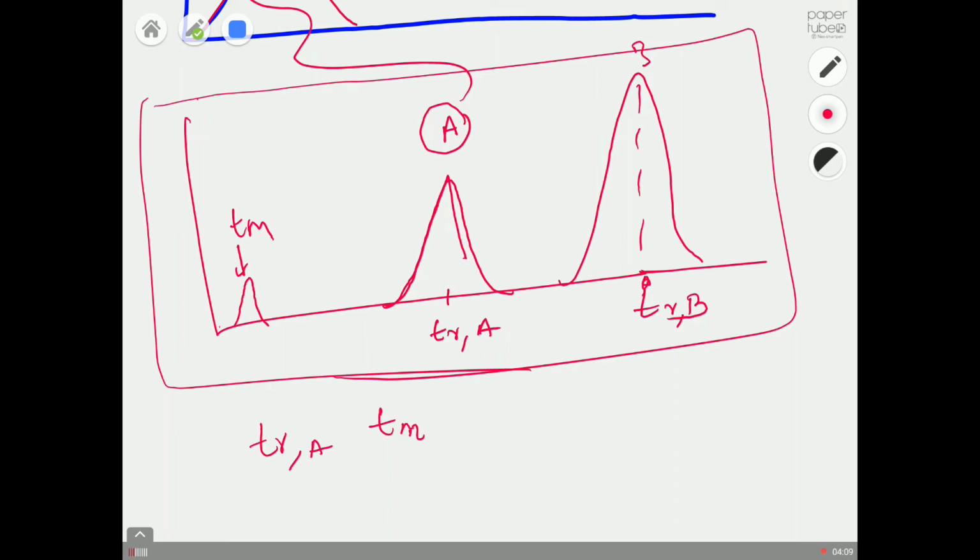So we know k is equal to tR minus tM divided by tM. So this is nothing but tS by tM.